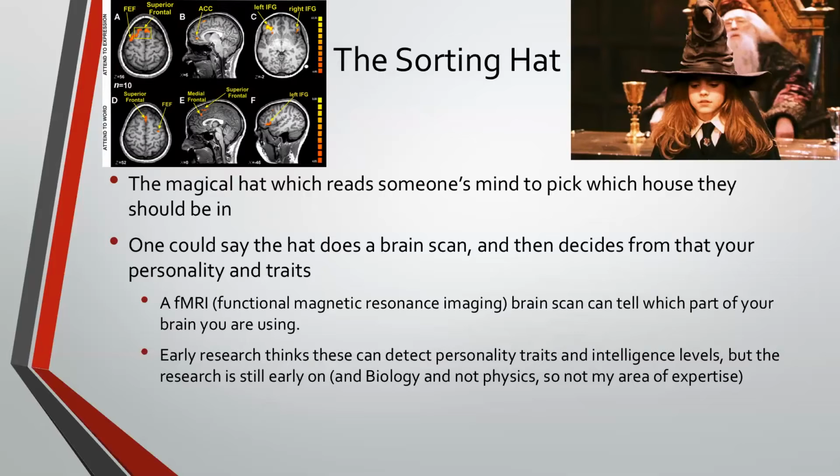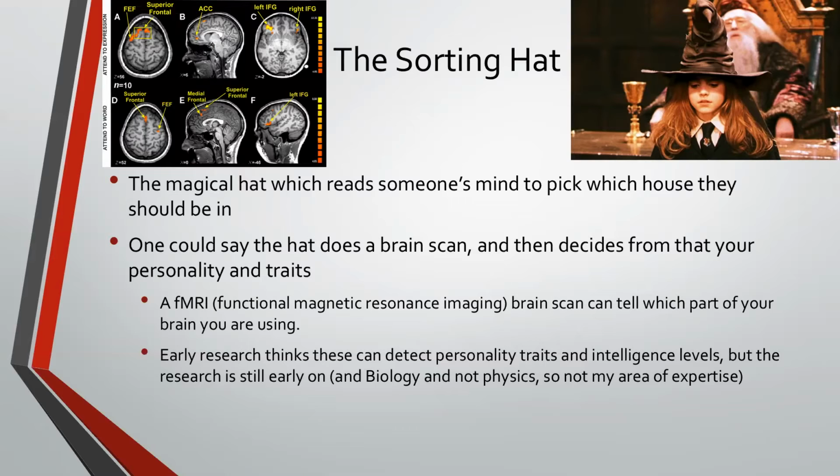And so we actually have in real life a thing you can put on someone's head and figure out personality traits. That is a thing. As I said, it's very early on. We can easily get images. That's what this is here. Those are fMRI images. But right now, it is thought that we can actually use that to get personality traits.